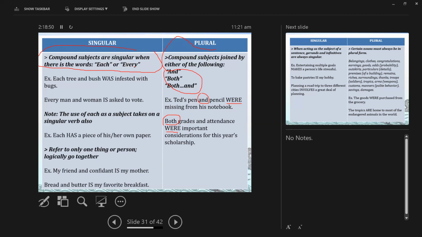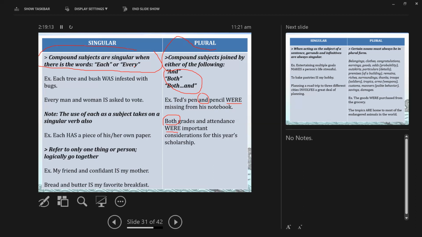Each member of the faculty is exceptionally intelligent. Meaning, na-challenge kasi ako kay Joyce eh. Ginagalingan ko na rin sa vocabulary. Okay. Each member of the faculty is exceptionally intelligent.